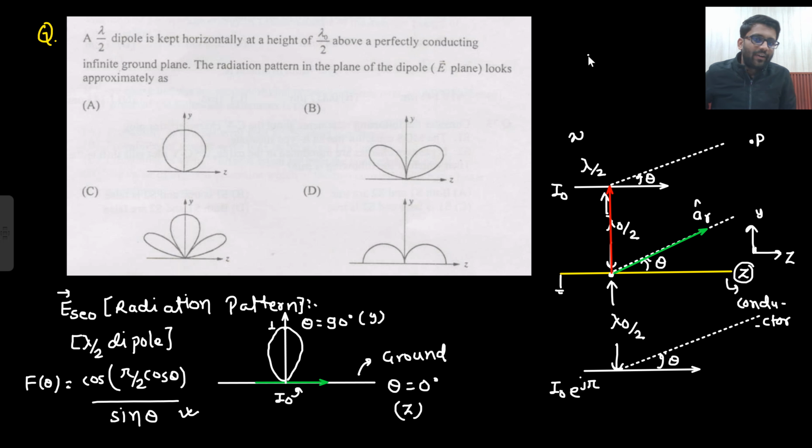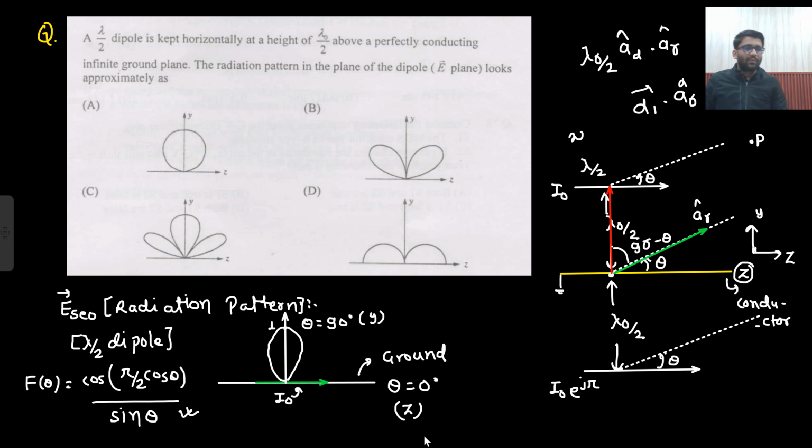What I need to find is lambda naught by 2, whatever the vector is there, AD cap I am calling it, dot AR cap. This is what I need to find, right? If you remember, beta D1 dot AR. So what is the angle between them? 90 minus theta, right? The angle between them is 90 minus theta. So what is cos(90 minus theta)? That is sin theta. So let's write it down.